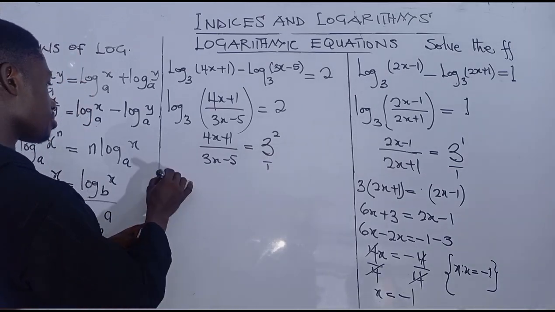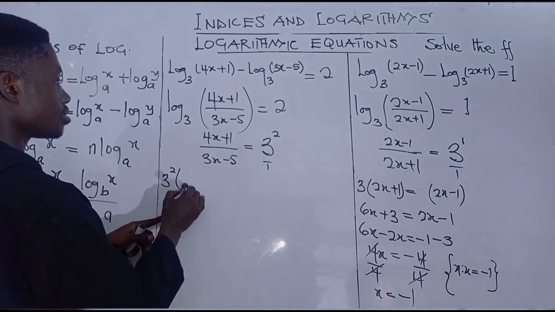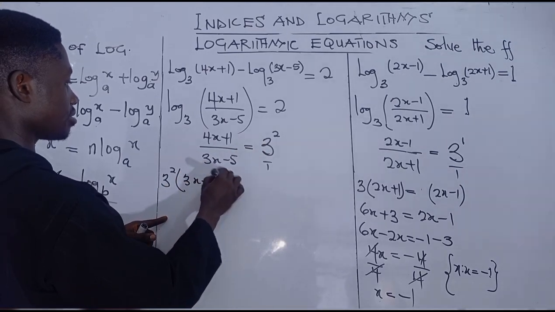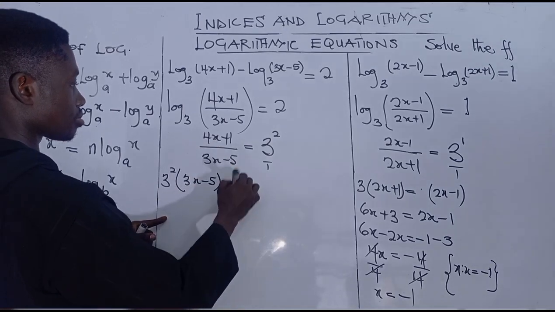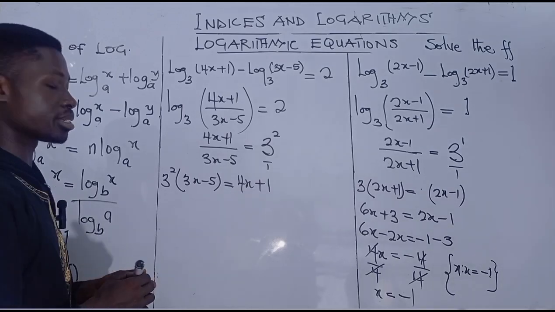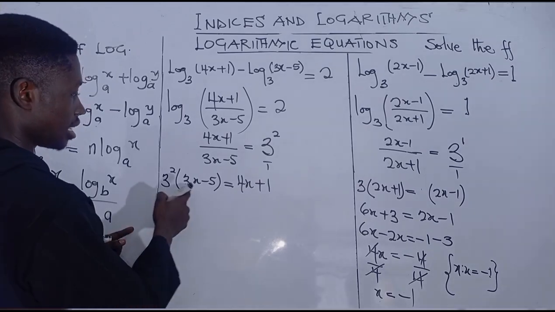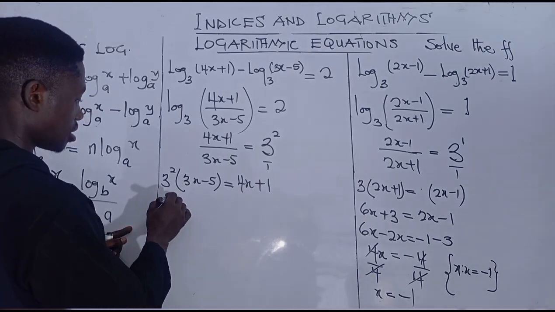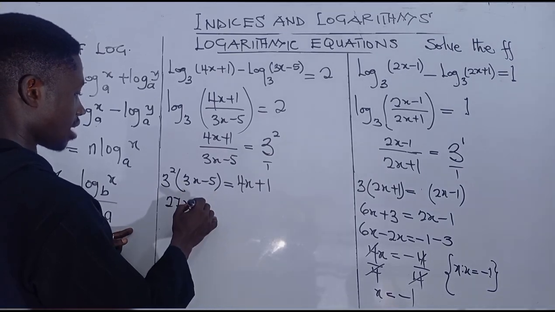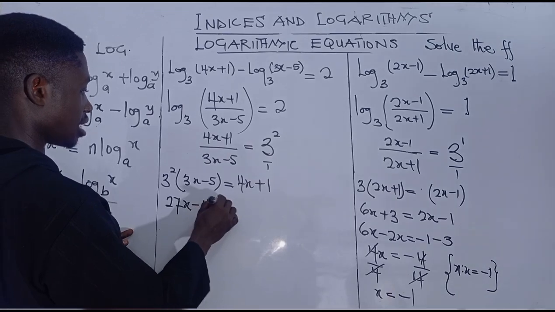You will have 3 raised to the power 2 multiplying 3x minus 5 is equal to 4x plus 1. Now we know that 3 raised to the power 2 gives us 9. 9 times 3 will give us 27, and we add our x. 9 times 5 will give us 45.